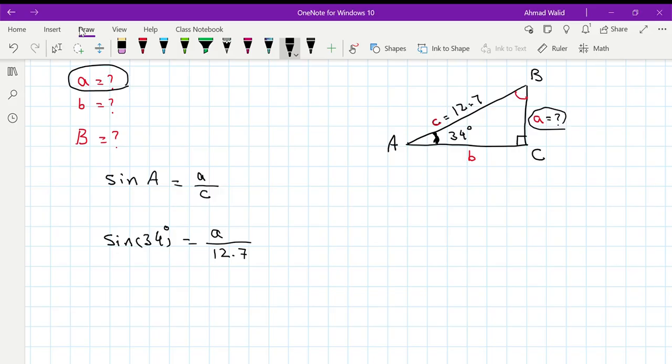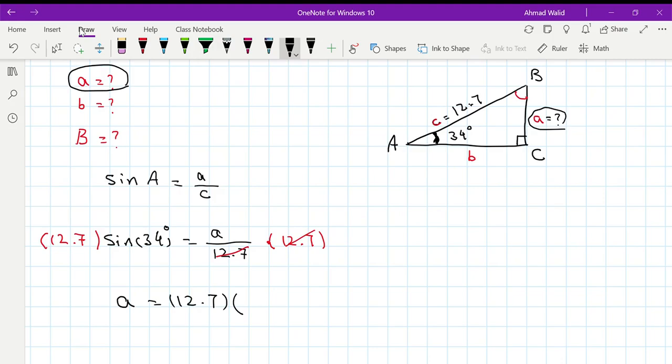You have to get rid of this denominator. It means multiply both sides by 12.7. These two cancel out. Then you can write a equals 12.7 times sine of 34.